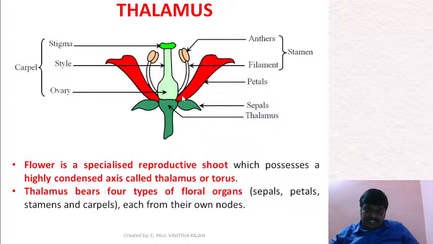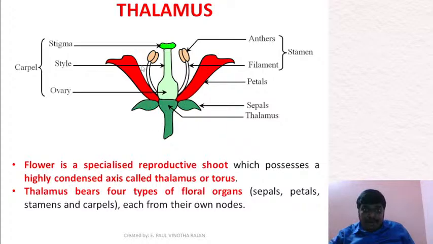Next is thalamus. This is another modification. What is thalamus? The base of the flower. The base of the flower, we call it thalamus. Can you see it here? This is the base of the flower, in which all the floral parts are arranged. That is called thalamus.